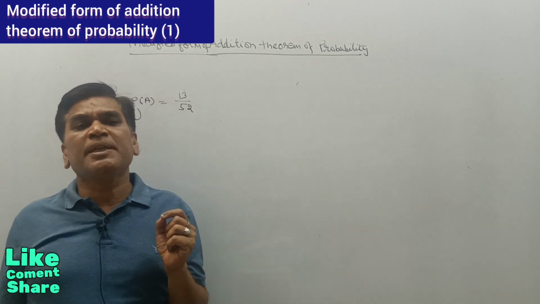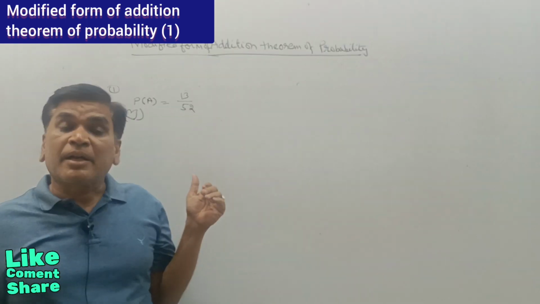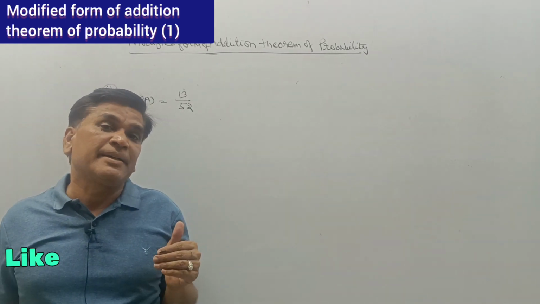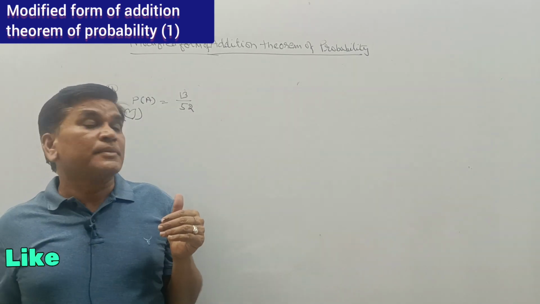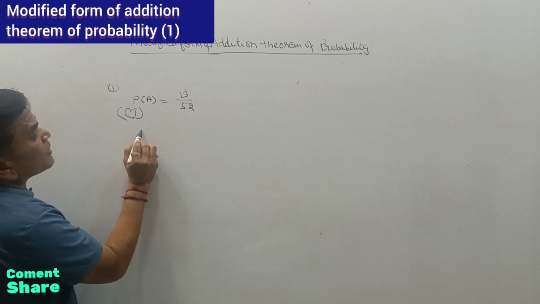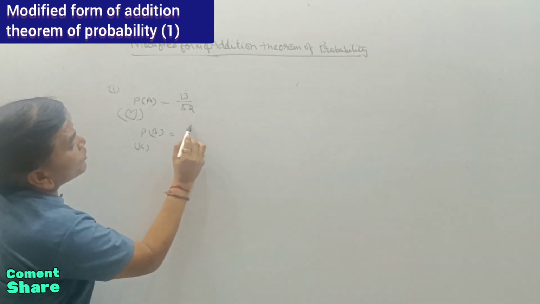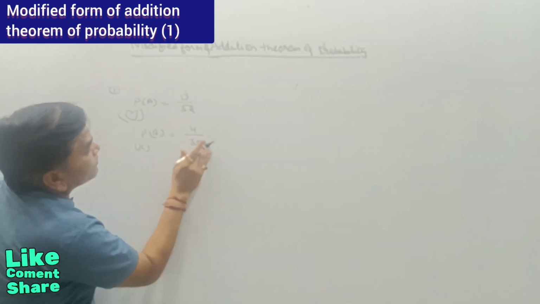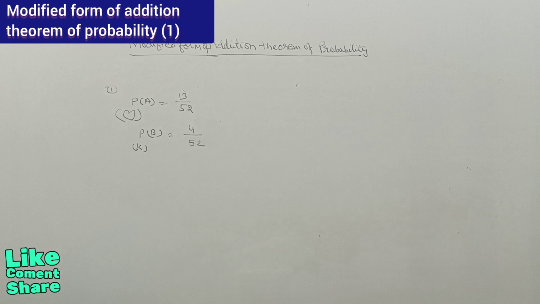What is the probability that the selected card is a card of heart or a king? Then the probability of getting a king is 4 upon 52, because there are 4 kings. So both are there.